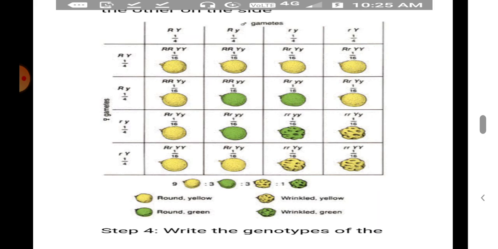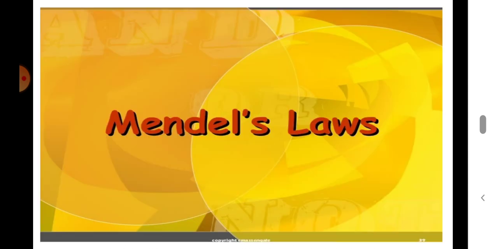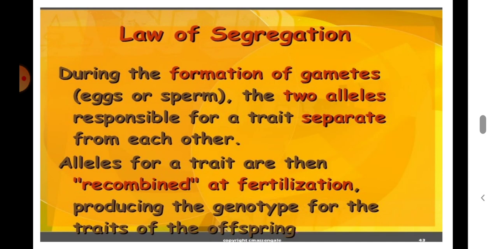The plants with round yellow and wrinkled green seeds are parental combinations, but round green and wrinkled yellow are new combinations called recombinants. The ratio of the F2 generation is 9:3:3:1. This is called the dihybrid ratio.